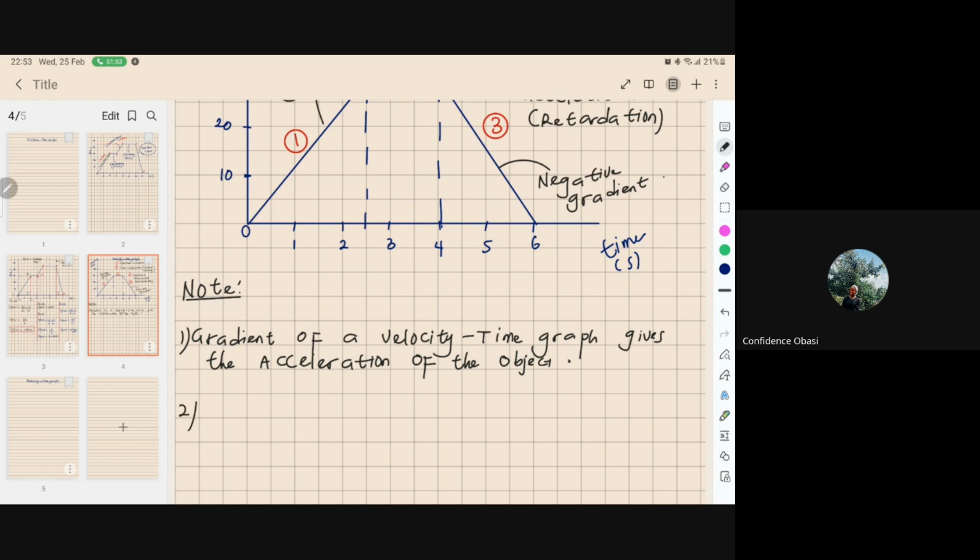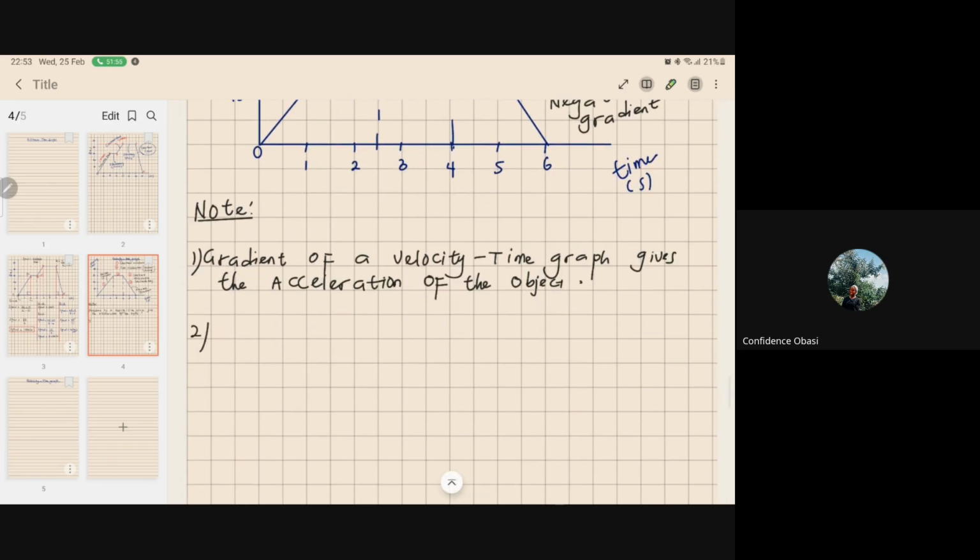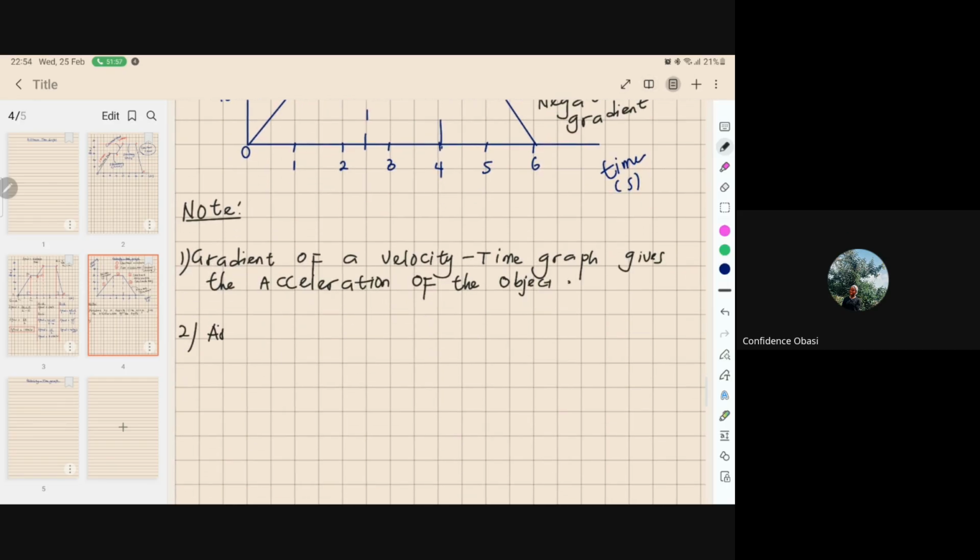Then the second one is that the area under the graph gives the distance traveled by the object.